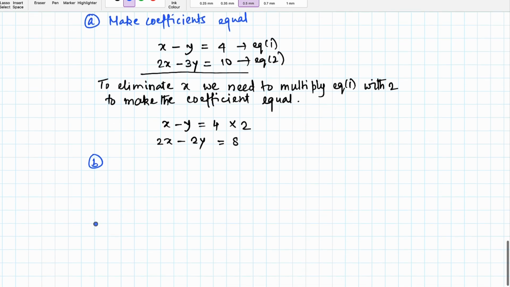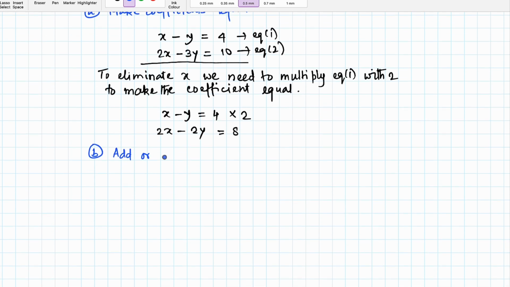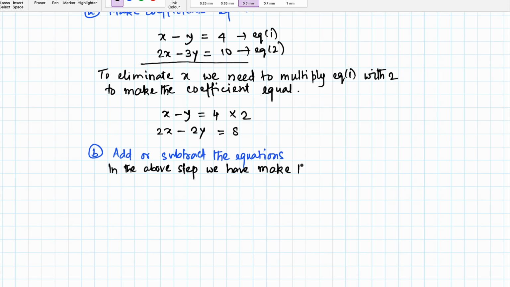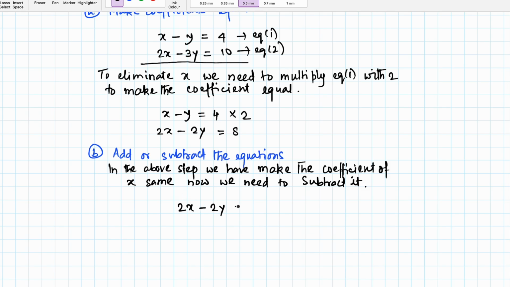Then we need to either add or subtract, depending on the sign of the variable which we are going to eliminate. In the above step, we made the coefficient of x the same, and now we need to subtract because they have the same sign, that is plus.